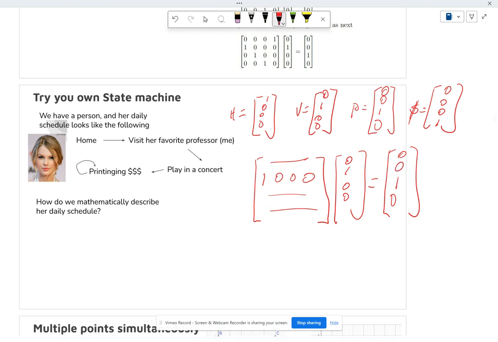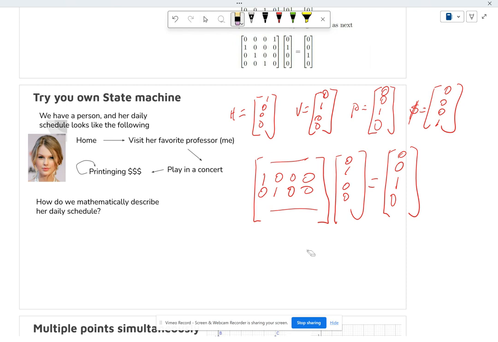So we want to move it to the third state, which is playing in the concert. Therefore, it goes like this: 0100. So if we multiply, yes, only when we are multiplying by the third row are we going to end up with a 1. Okay, so let's continue.